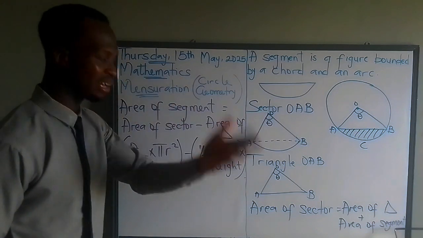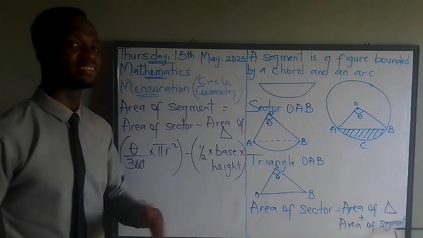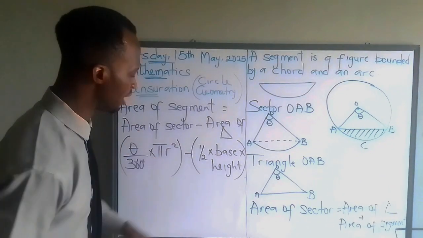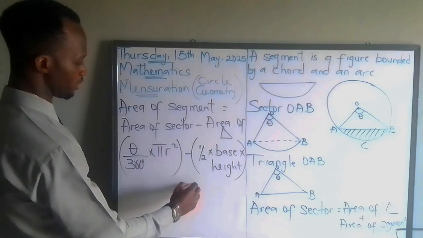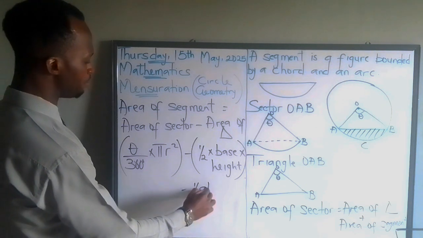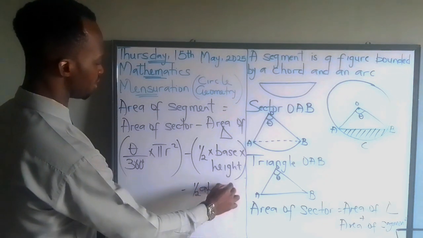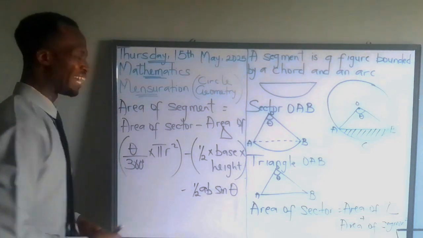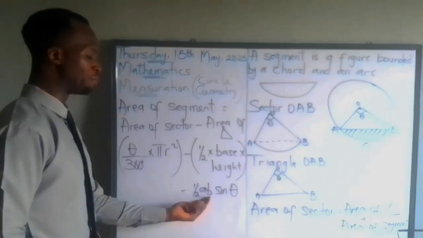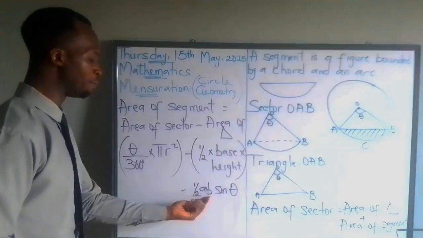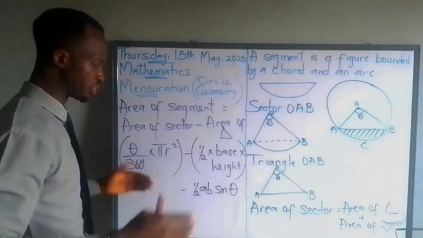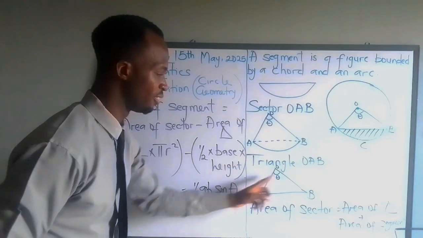Although there's another formula just in case theta is given. You can use it as 1/2 ab sine theta, where a and b represent the two sides, in this case the radii.